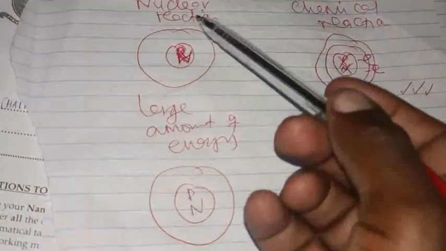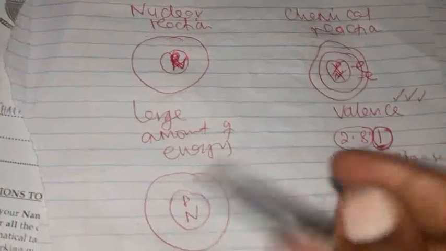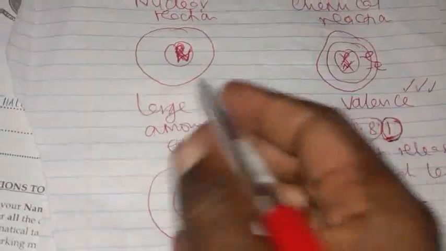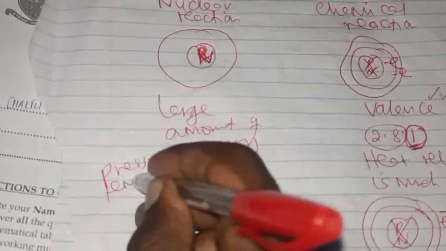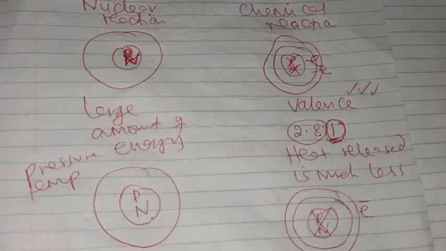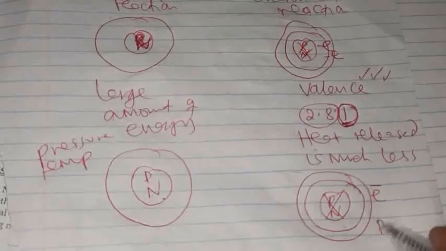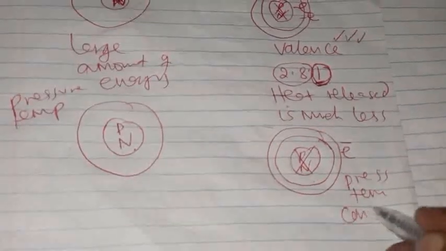Something else to note as far as the differences are concerned: protons and neutrons in the nucleus allow us to have a nuclear reaction. In this case, nuclear reactions are not affected by environmental factors like pressure and temperature. But chemical reactions are affected by environmental conditions such as pressure and temperature, the concentration of the reactants, or even a catalyst, which can alter the rate of a reaction.